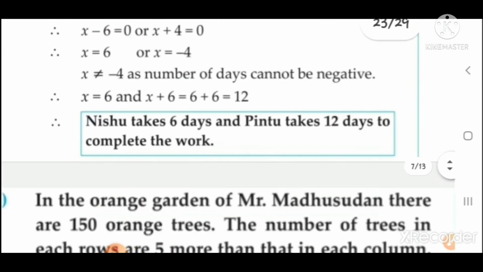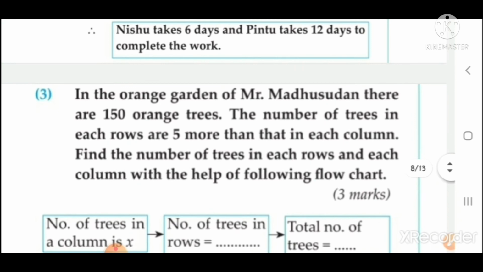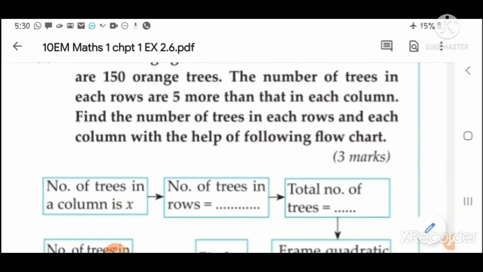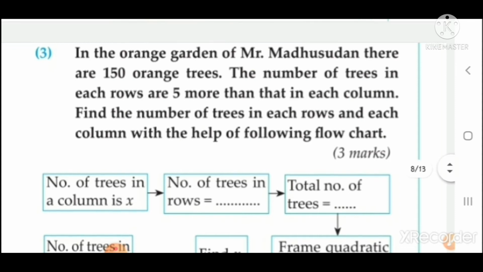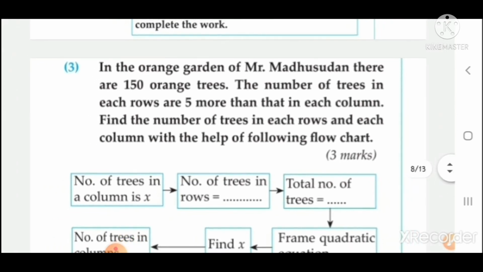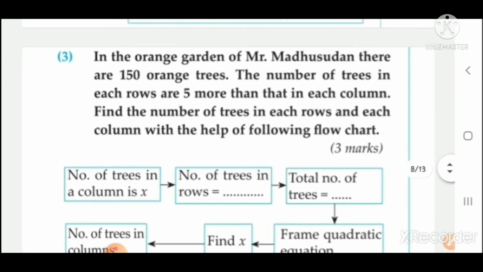Right, now let us do one more sum. Question number 3. Now in this, let us understand what they have told. In the orange garden of Mr. Madhusudan, there are 150 orange trees. One garden is there, and there are 150 orange trees.